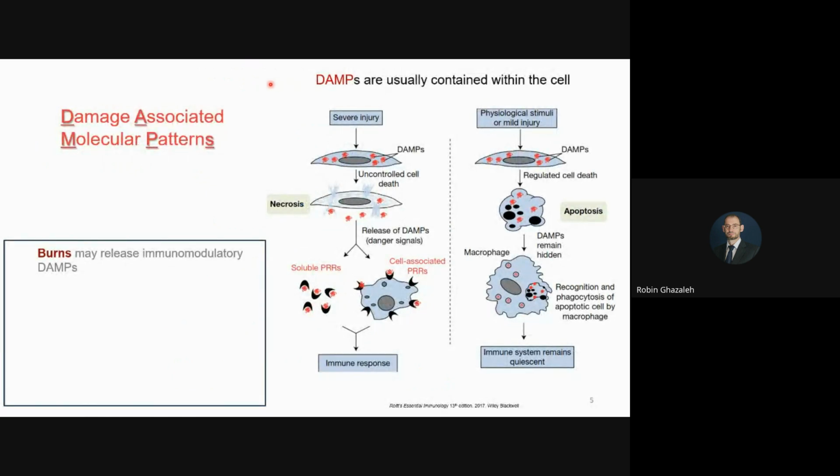Now, something similar to pathogen-associated molecular patterns is the damage-associated molecular patterns. And it's a very similar concept, especially in the sense that there are specific receptors that recognize these patterns. So the same receptors, we call them pathogen recognition receptors.